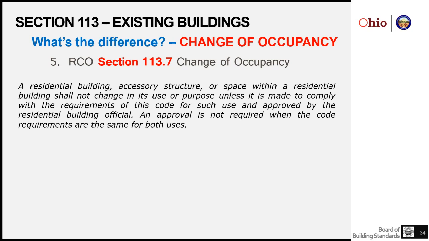So there may be a change of occupancy involved if you go from a single family to a 2 or 3 family. Most notably, there is fire separation between the dwelling units that is required. That is an increase. So if you went from a single family and converted it to a 2 or 3 family, you would have to get approvals because there is a change of occupancy, because of those fire separation conditions.